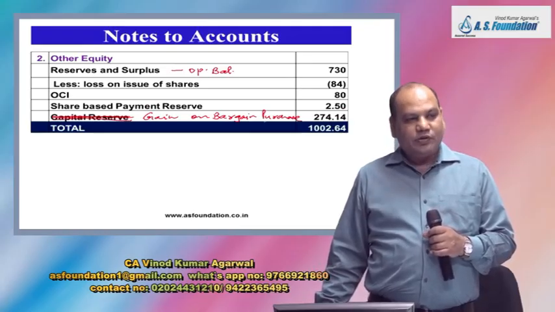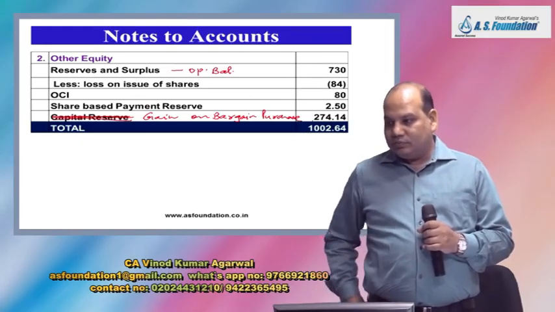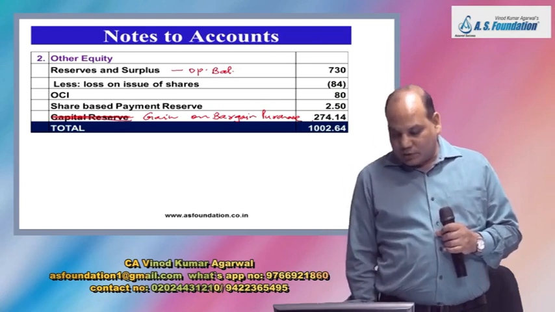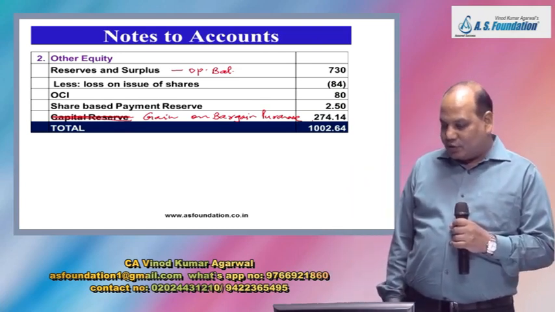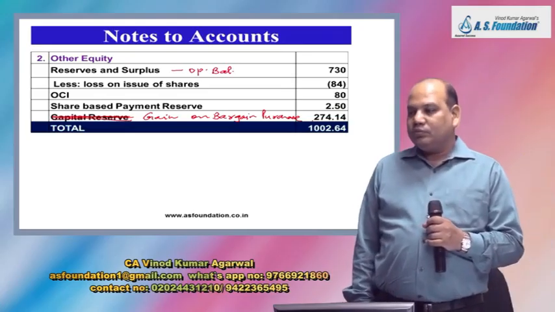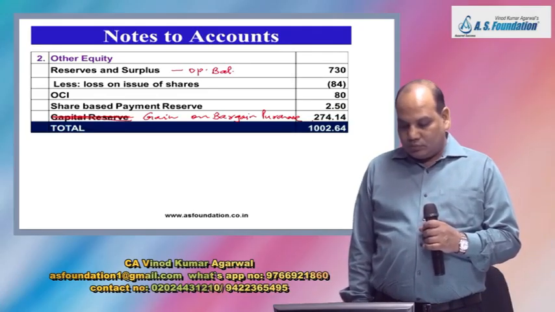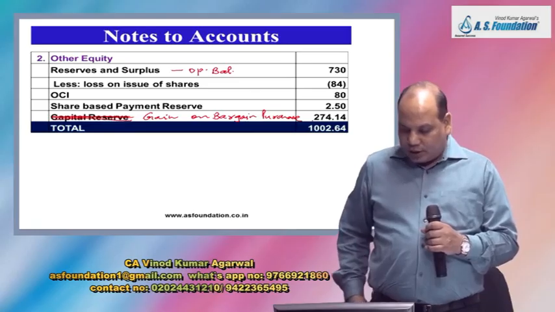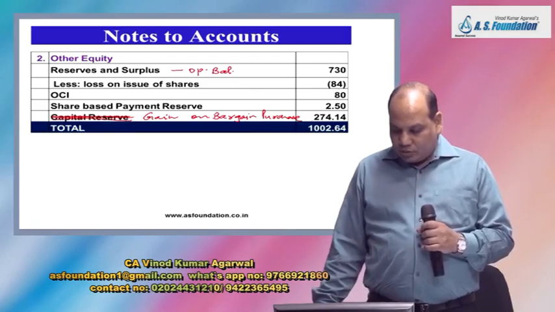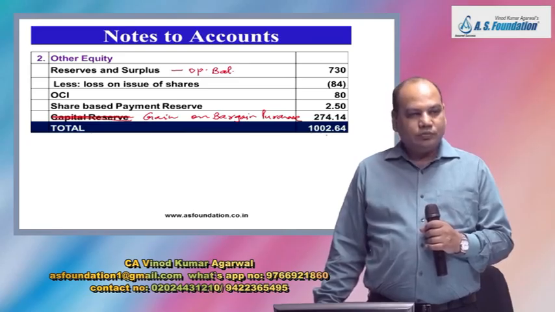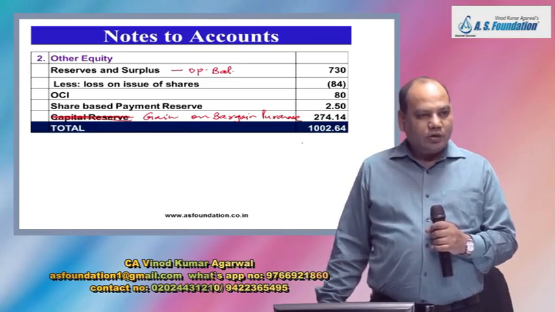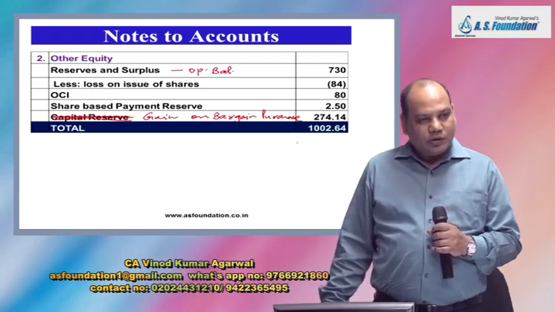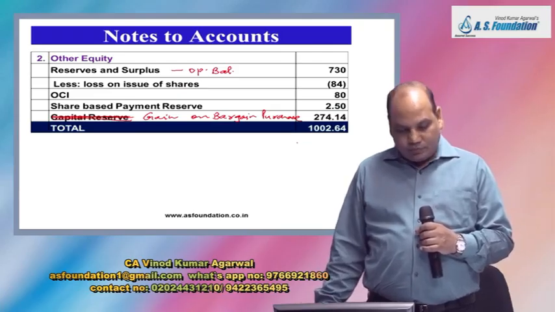Gain on bargain purchase also you will add. How much was gain on bargain purchase? 274.14. Check. So this also you add it here. Total comes to 1002.64. Is it right? Total is right. Transfer it to the main answer.